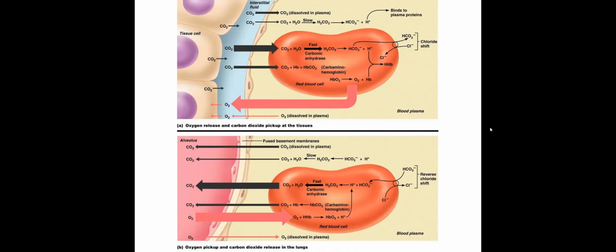Now, a lot of people are told that this activity of carbon dioxide binding to water to produce carbonic acid only happens in the erythrocyte because of carbonic anhydrase, but that's actually not true. It actually occurs also in the plasma, as you can see there. And a lot of people will say that carbonic anhydrase only occurs in the red blood cell, but there's many different isoforms of carbonic anhydrase, and they do many different things.